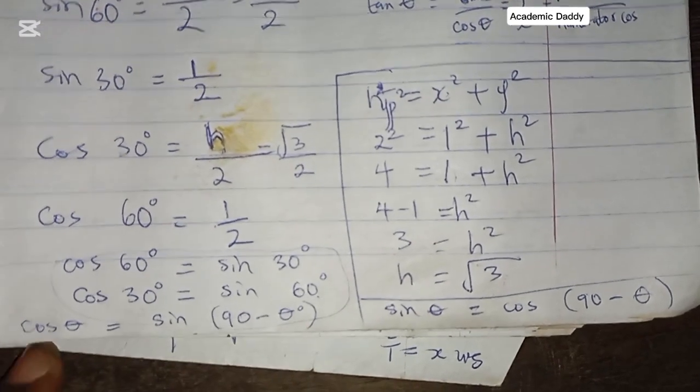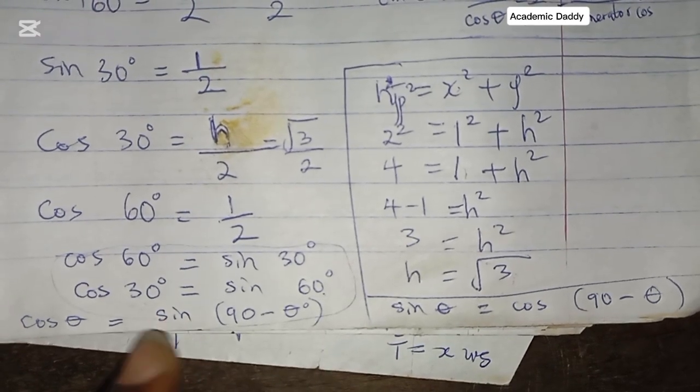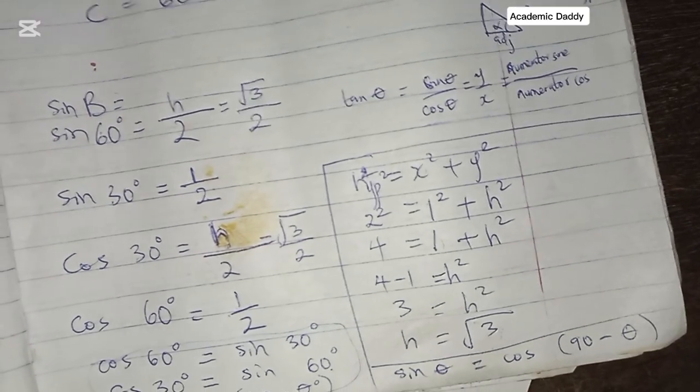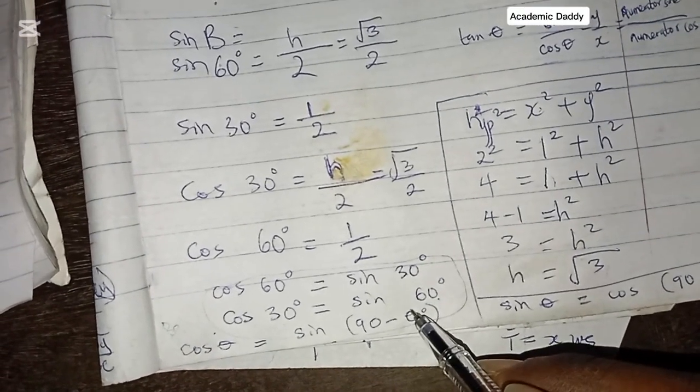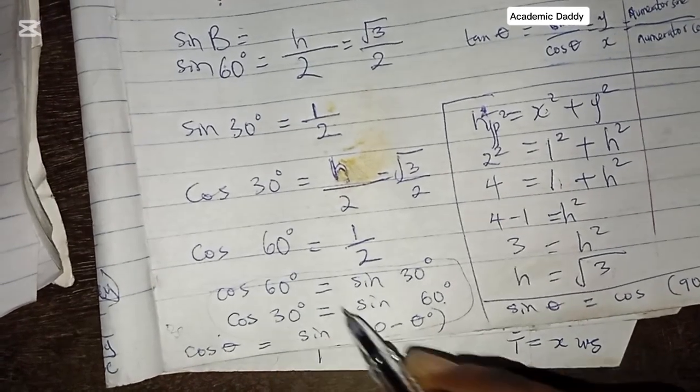Let's say that cos theta here is having 30 degrees. That means theta is 30 degrees. If you carry that theta and put it here, 90 minus 30 becomes 60. And you can now see that cos 30 is equal to sine 60.